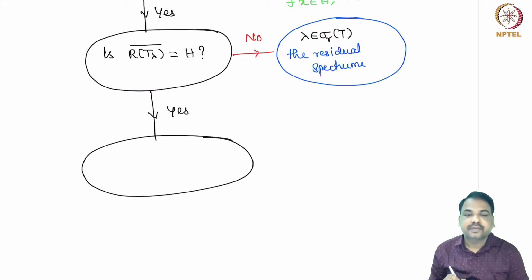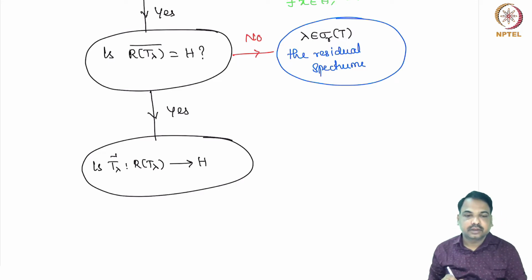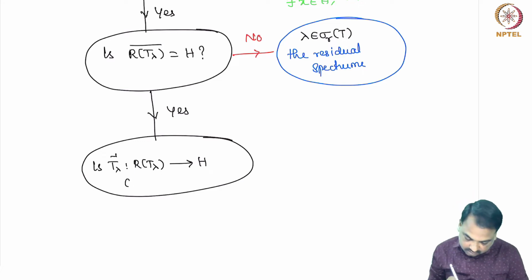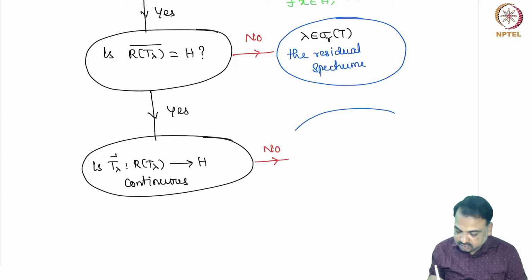Once we have a range, we can define T lambda inverse from the range of T lambda into H. If the range is dense, we can ask whether this map T lambda inverse is continuous or bounded. If the answer is no again, we get one more spectrum in this case. So lambda is in the continuous spectrum of T.